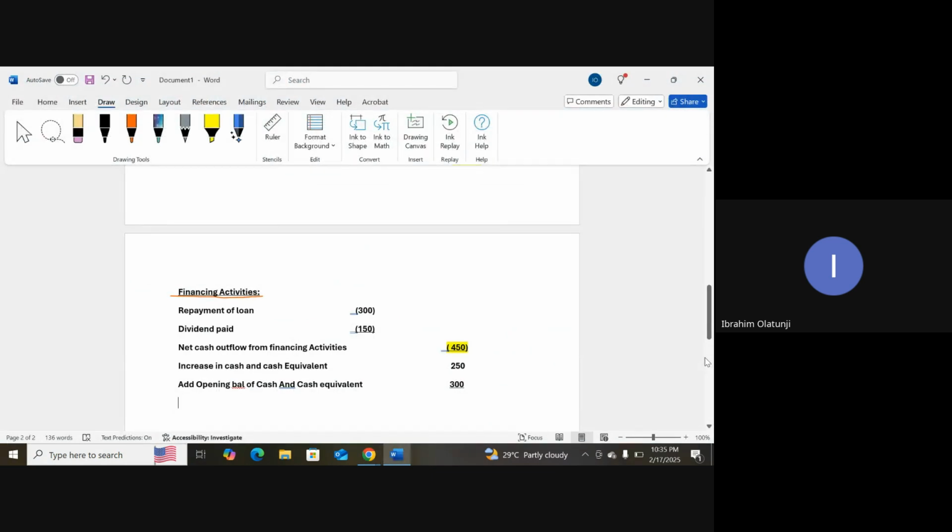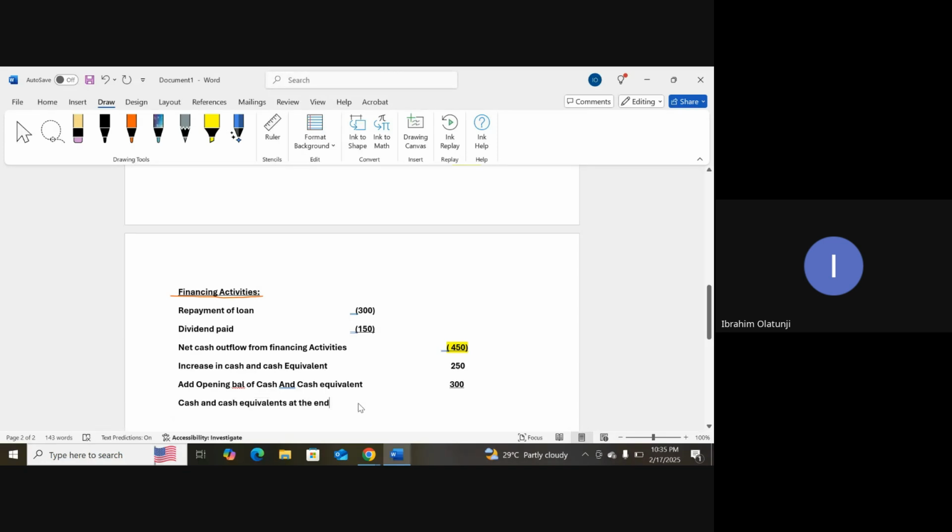So it means that when you add it, you now have what you call cash and cash equivalent at the end. The one I had is cash and cash equivalent at the beginning, while the one that I will get will now be at the end.